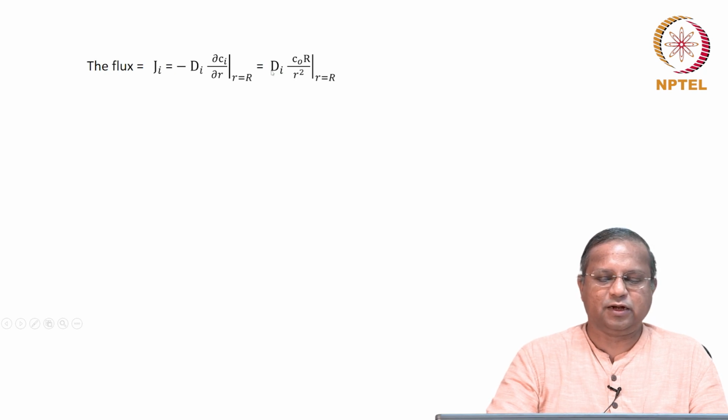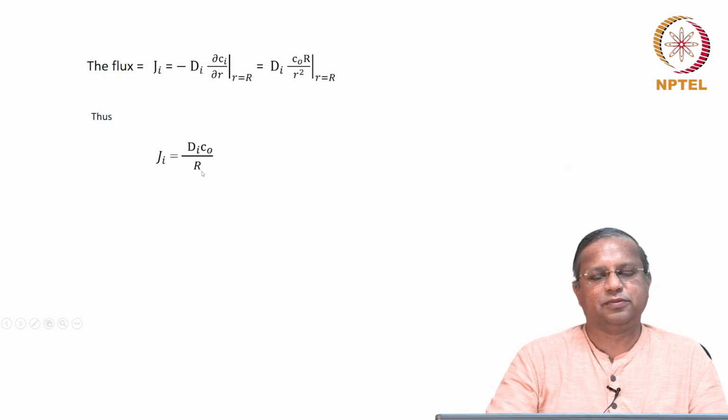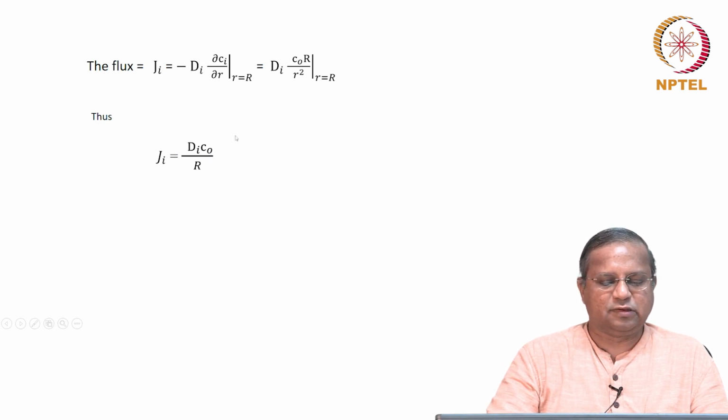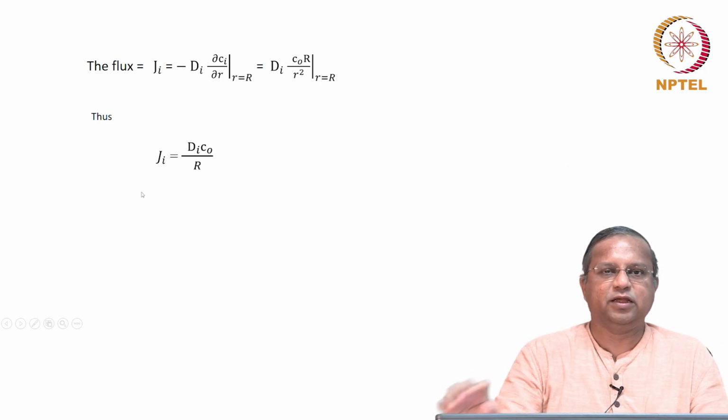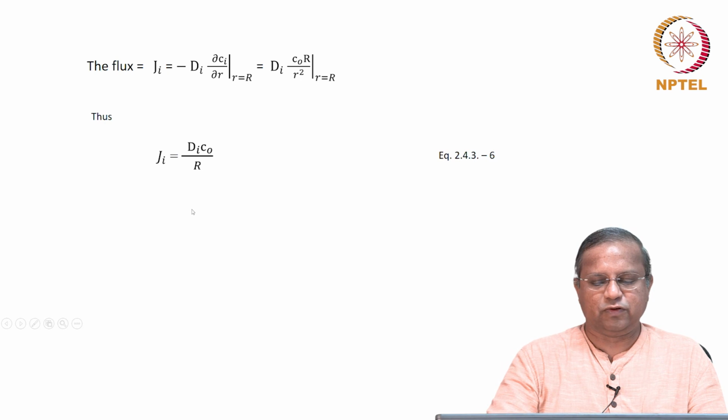We differentiate that with respect to r, we get C_0 R by r squared at r equals R, substitute R, and therefore, we get here R by R squared, and therefore, R remains here. The flux equals D_i C_0 by R. So, this is the flux that we wanted to find, as well as the concentration profile in the sphere of influence. We will call this equation 2.4.3-6.